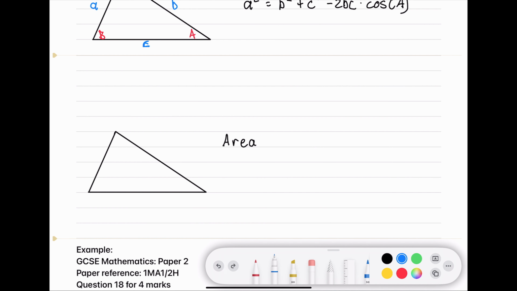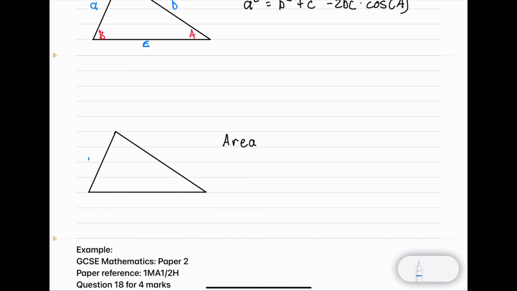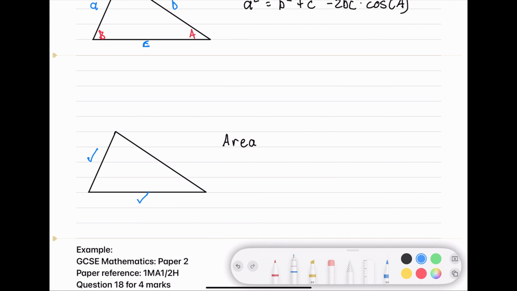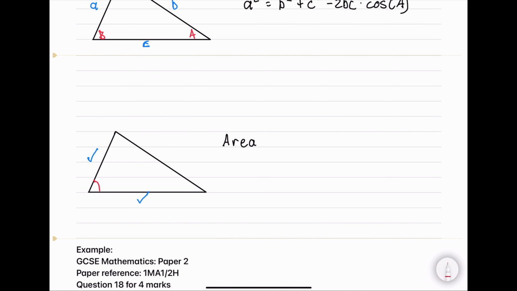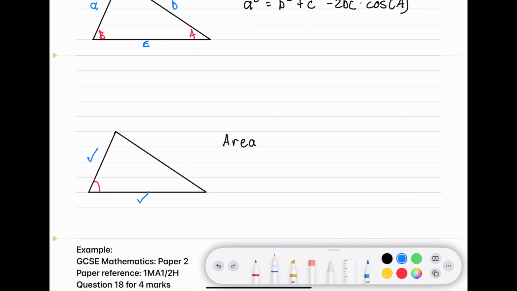You can also calculate the area of a triangle that doesn't have a perpendicular angle or a 90-degree angle, but it should have this side, this side, and lastly this angle. So we can label it like this.